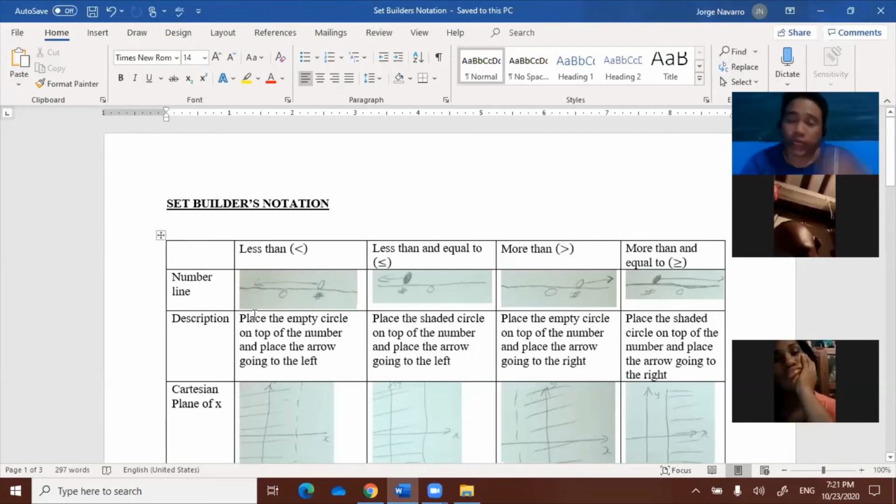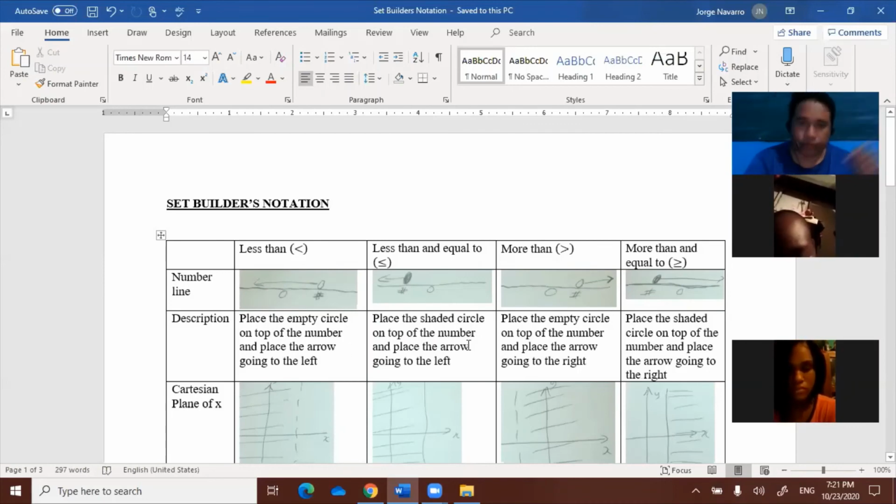So just what I said orally or verbally is what it has here. Place the empty circle on top of the number, meaning the number in the range, and place the arrow going to the left. That's for less than. For less than and equal to, it says, place the shaded circle, or solid circle, on top of the number in the range and place the arrow going to the left.